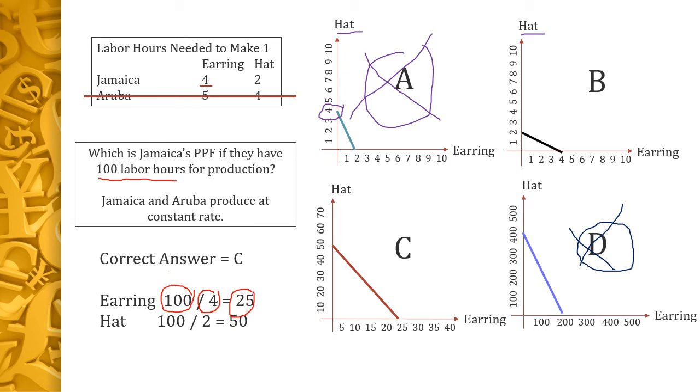For hats, it's the other way around. We can make 2 hats in an hour. So we've got 100 hours, we can make 2 hats every hour, which means the most hats we can make is 50. And if we look here, that's on this spot, and that's on this spot. So the correct answer is C.